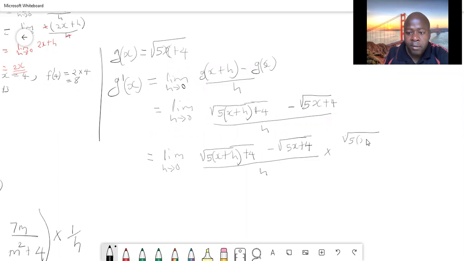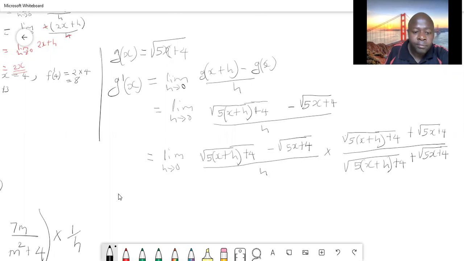So multiply by that conjugate, we have this plus root of 5x plus h plus 4 plus root of 5x plus 4 over root of 5x plus h plus 4 plus root of 5x plus 4. So this is the same as the limit, and we know how to multiply this.